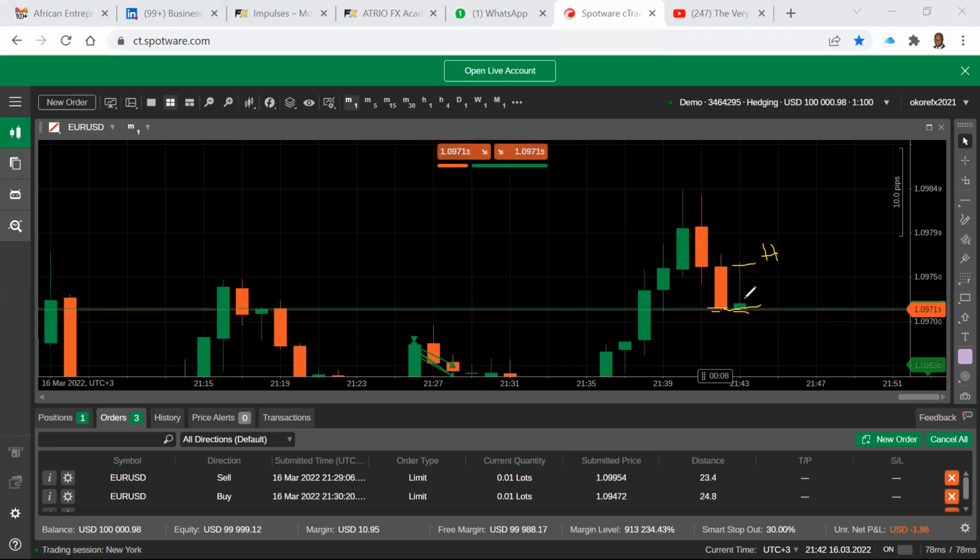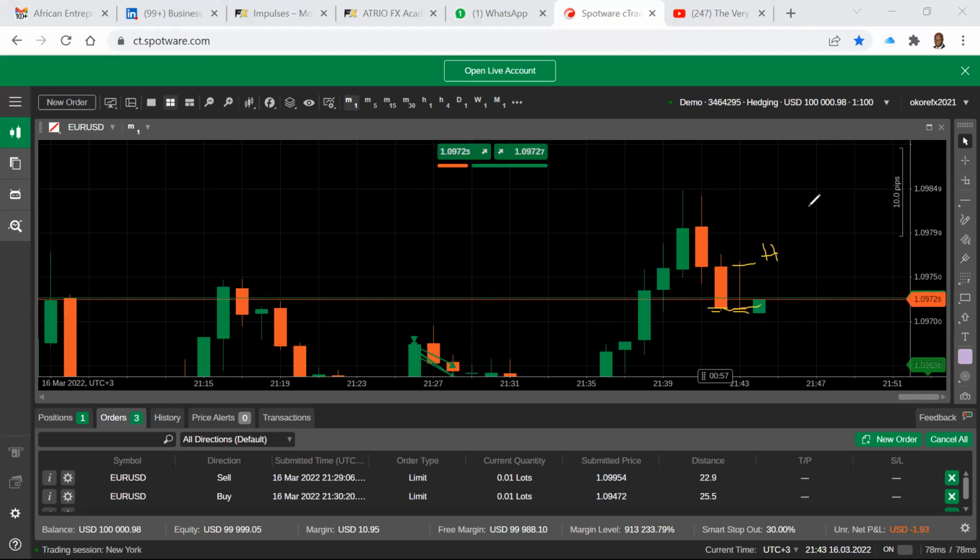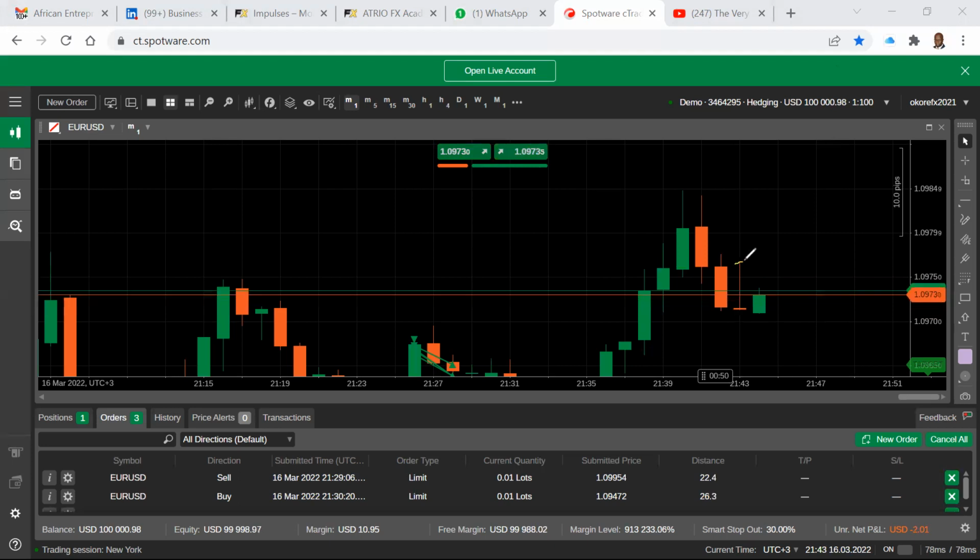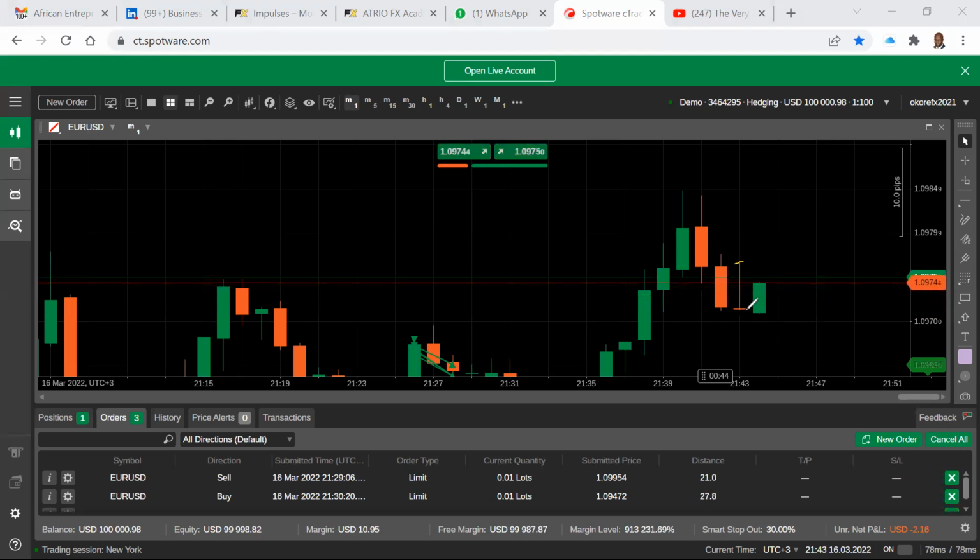So now it's changing color. This is just the market dynamics. This is the highest, and let's see where it closes. It has closed. Because it has closed here, this was the highest it reached, this was the lowest it reached, and that is the closing price, because it was going down.